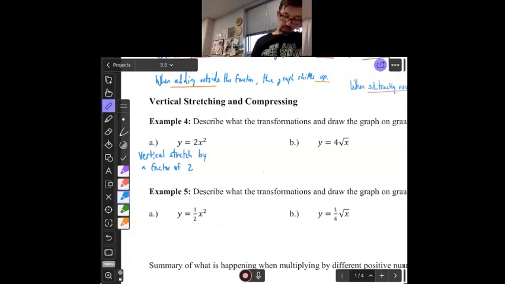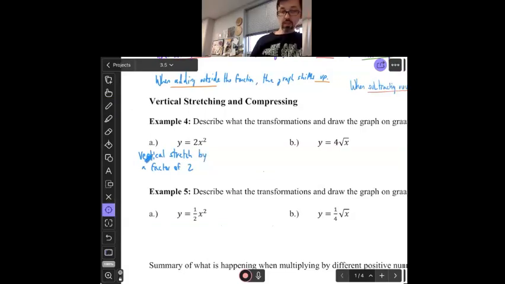So we are going to talk about horizontal stretches, so we need to notice which way it's stretching. Okay? And then there's vertical compressions. So we also need to say it's a stretch, not compressed. And we need to say by a factor of, because when we talk about factors, those are things that multiply. So we need to make sure that we're using that word to imply that the 2 is multiplying the x squared. It's not adding to the x squared, which we saw can cause a shift. So all of those words are necessary to talk about that transformation correctly.